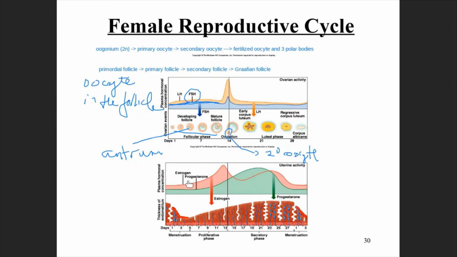If you look at the estrogen level, as the follicle gets bigger, the estrogen level is going to be high. That's what FSH stands for. It's the follicle stimulating hormone, a hormone that stimulates the follicle, and the follicular cells within this follicle produce estrogen. So more FSH, more estrogen.